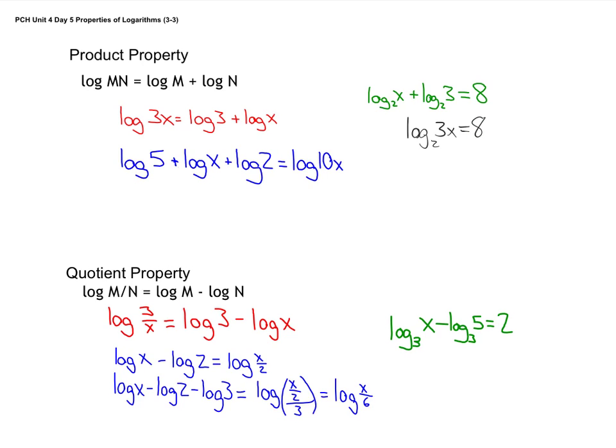Now the log base 2 of 3x equals 8, we can rewrite as an exponential. How would I rewrite this? 2 to the 8 equals 3x. Very good. 2 to the 8th equals 3x, and 2 to the 8th is 256. That's 3x, so we divide, and we get 85 1/3.